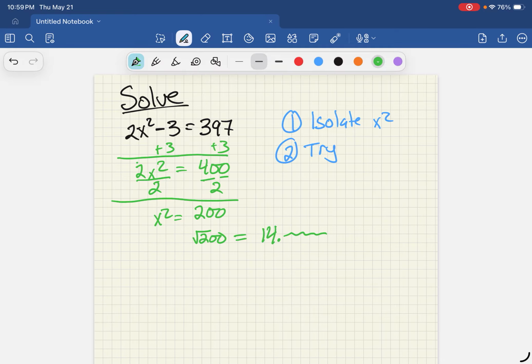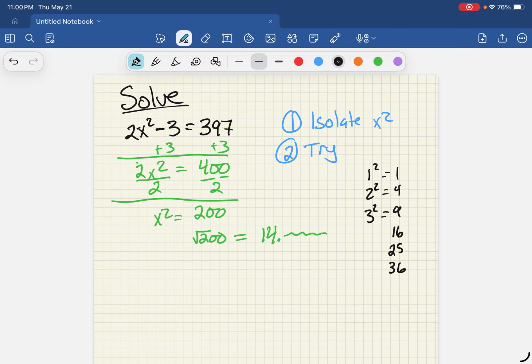Okay, this tells me at this point that I need to reduce my radical. When I reduce my radical, I am trying to find what perfect squares are hidden in this problem. So on your chart, one side is going to say, here's 1, 2, 3, 4, and so on to the second power.